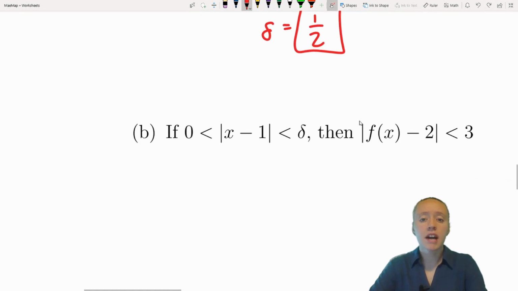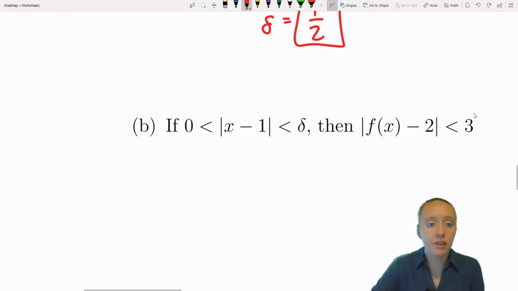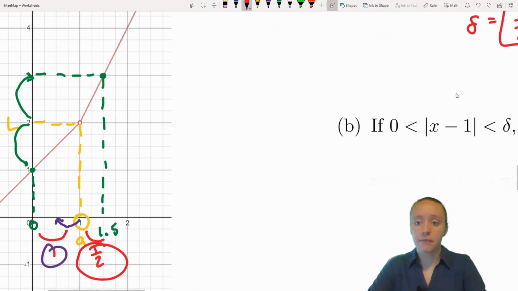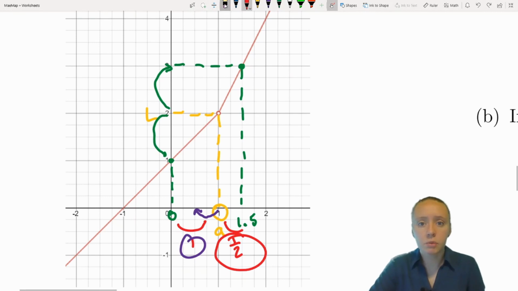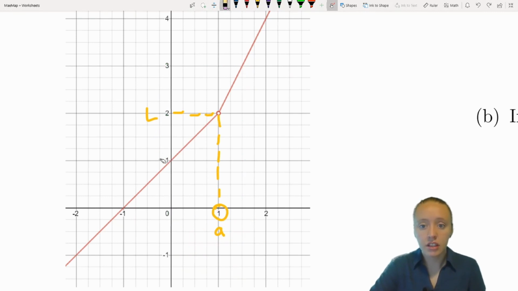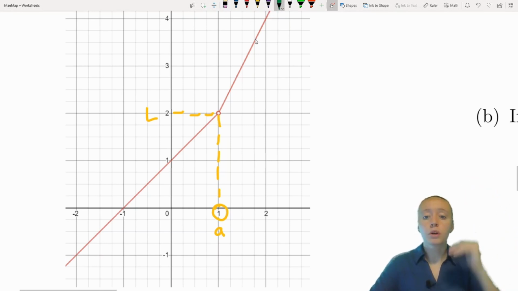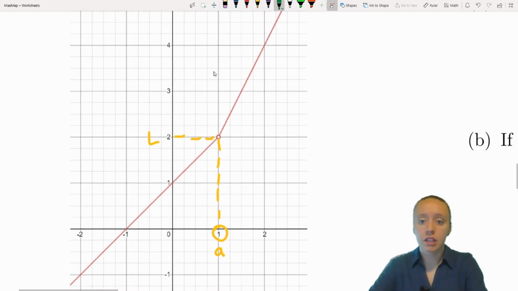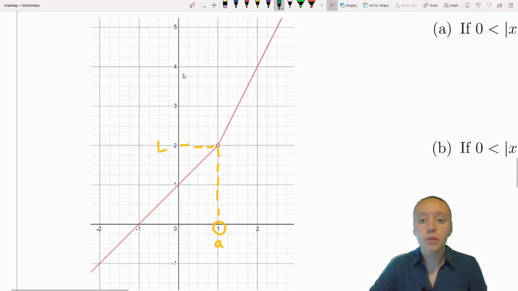Now, using the same graph, we're going to look at an epsilon value of 3. So let's go ahead and erase what I've done, leaving that same L and a. An epsilon value of 3, I'm going to move up 3 or down 3 from L. If I move up 3, let me zoom out a tad, I'm going all the way up to 5. 2 plus 3 gets me to 5. 2 minus 3, moving down 3, I'll be at -1.